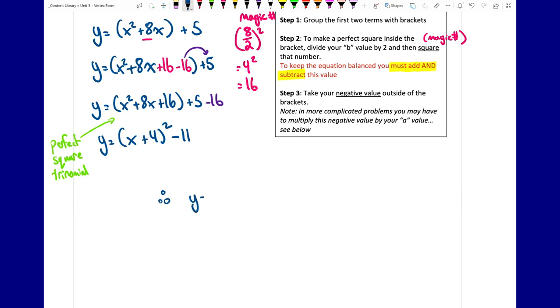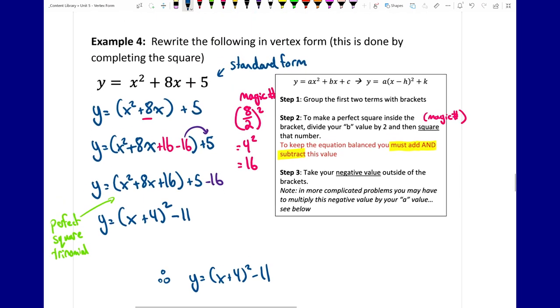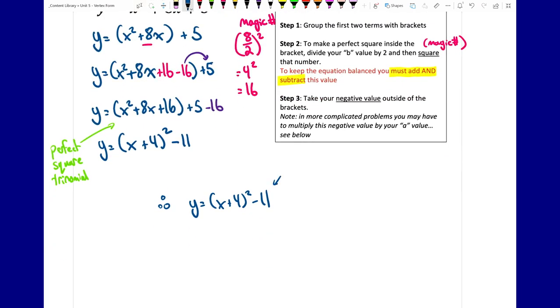So I say therefore y equals x plus 4 squared minus 11. So now I have my vertex form, and I started with standard form. So this is how we algebraically complete the square to convert between the two different forms.